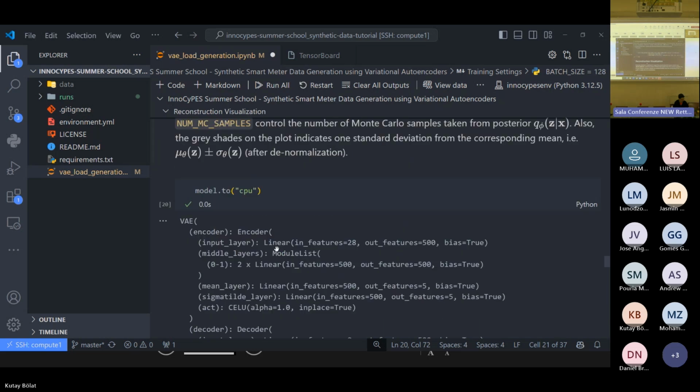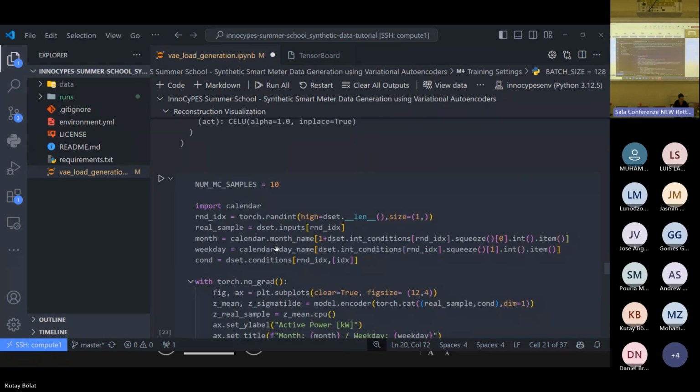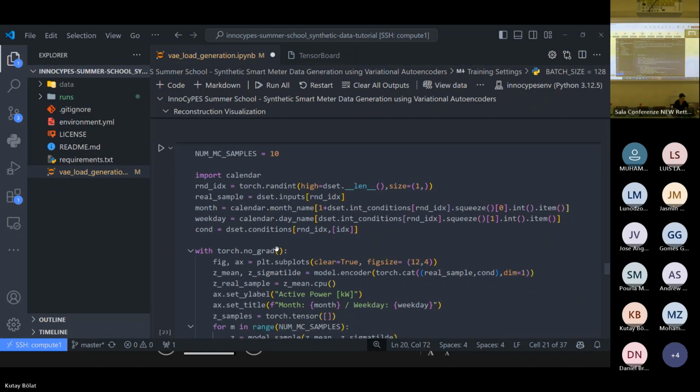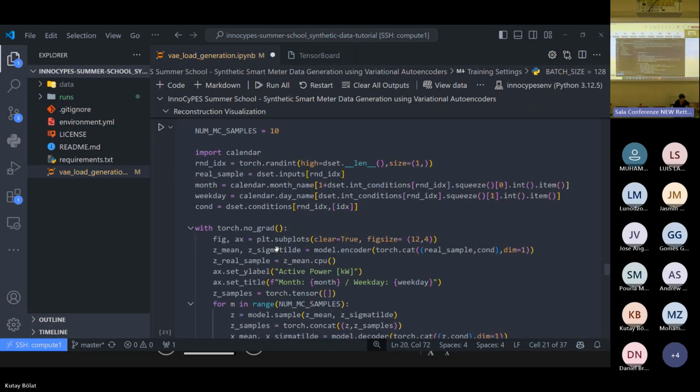Reconstruction visualization. Since we have a latent encoding, which is a probability distribution, we can take lots of samples from it too, right? In the examples that I showed, it was only 1 sample per reconstruction, but I'm gonna show you more than 1.